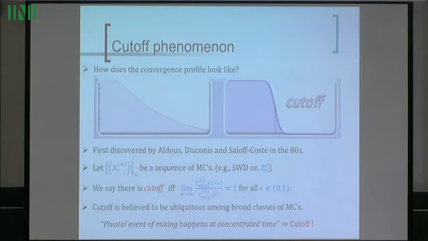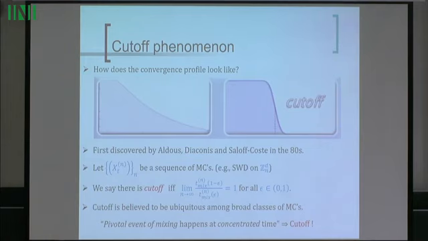And in lots of cases, it's fair to expect that the time when you encounter that event concentrates, and this eventually implies cutoff. Okay. So is the definition of the cutoff phenomenon clear?